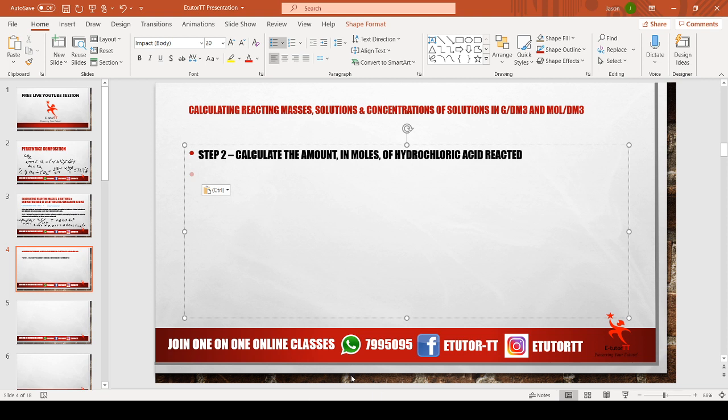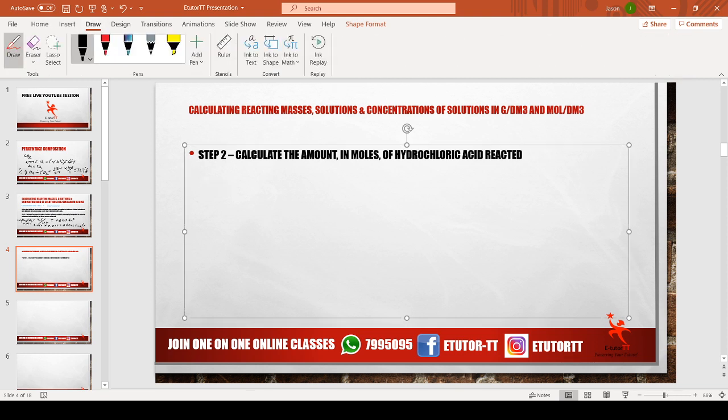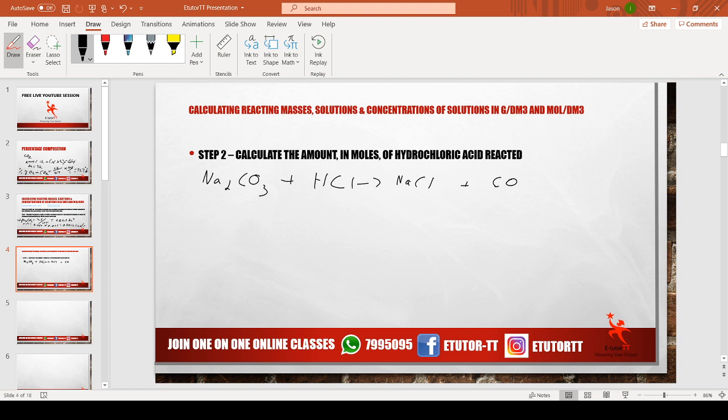So now we have to put down the equation first. We have Na2CO3 plus hydrochloric acid, HCl, reacting in neutralization to give us NaCl plus carbon dioxide plus H2O.